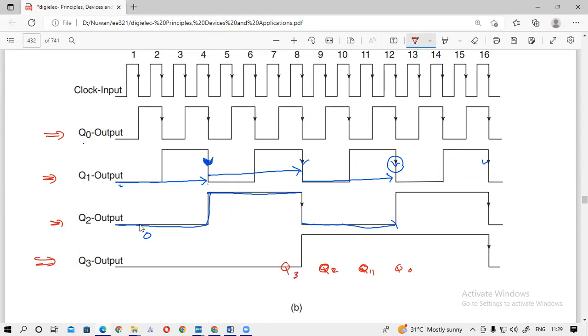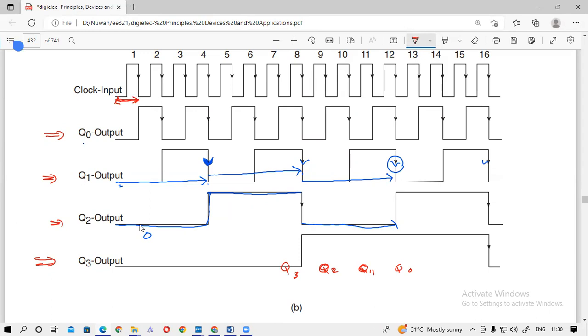If you consider one clock cycle, that means from here to here. From here to here, the flip-flops will not change any value.